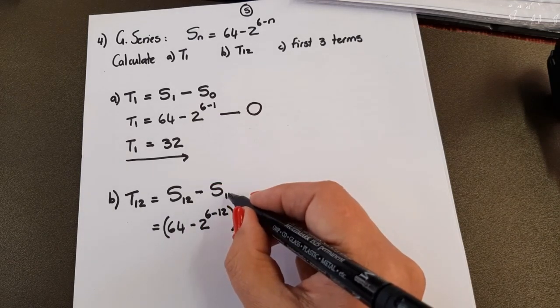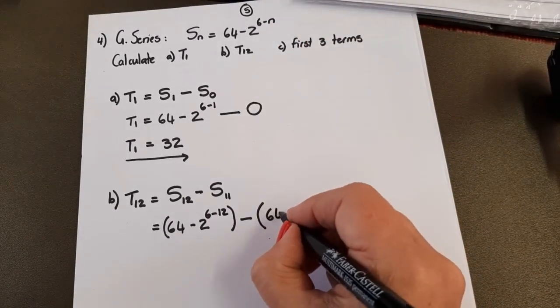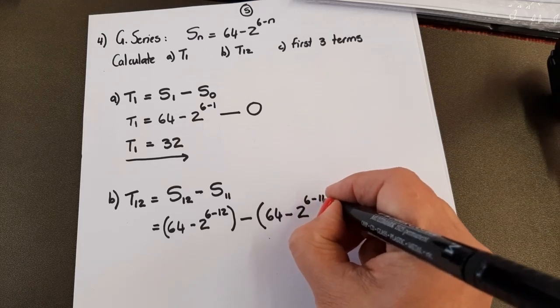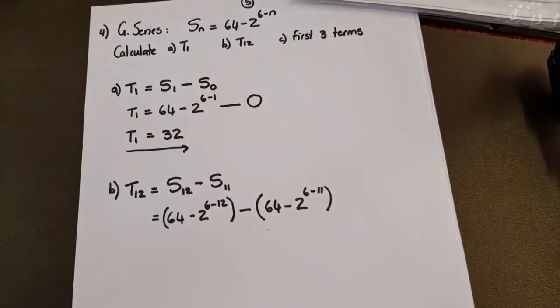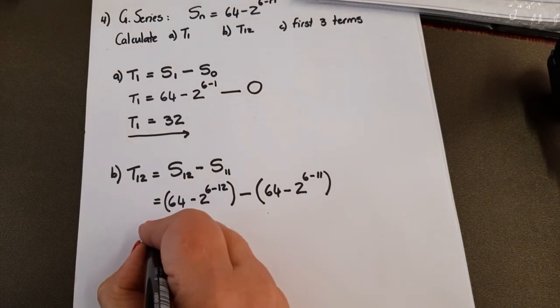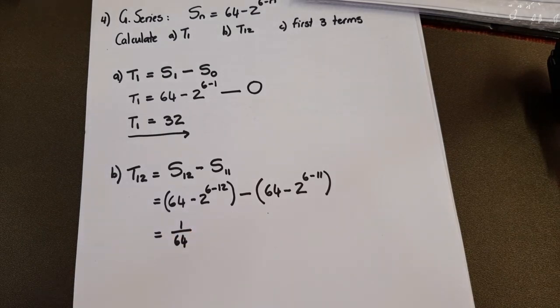Now we want to substitute 11 into n. So it's 64 minus 2 to the power of 6 minus 11. And if you type that into your calculator, you will get an answer of 1/64.